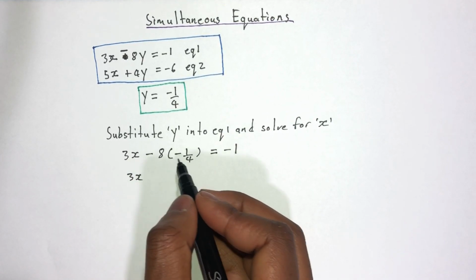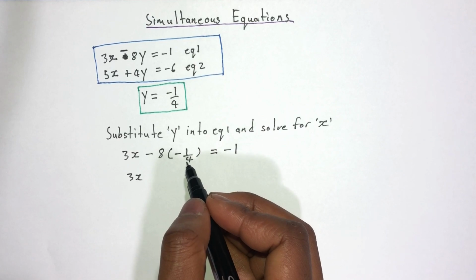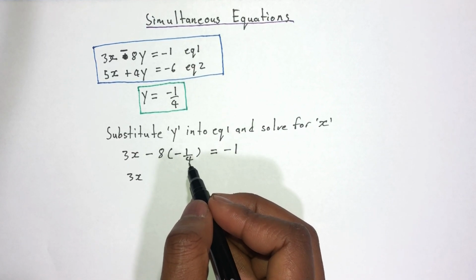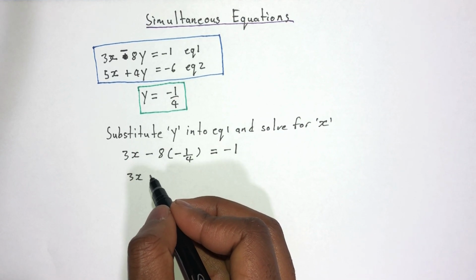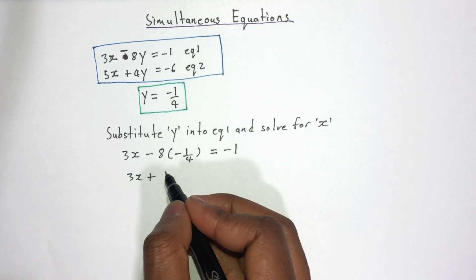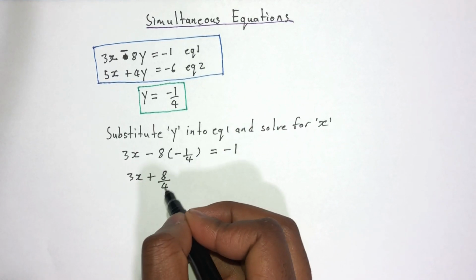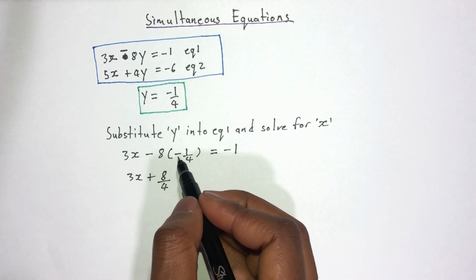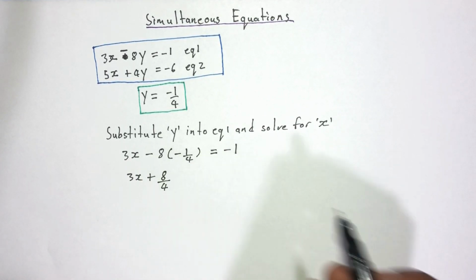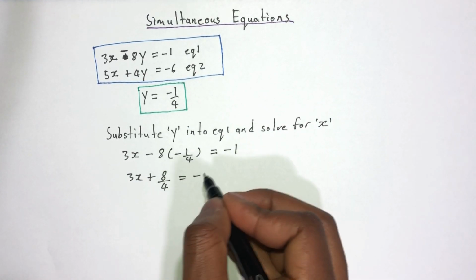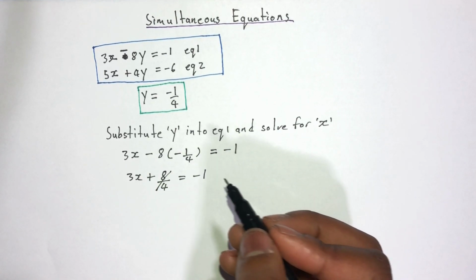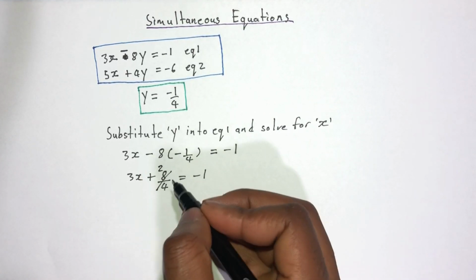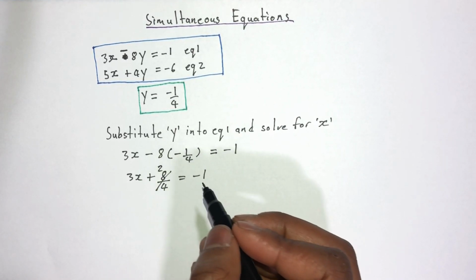Negative 8 times negative a quarter gives us positive 8 over 4, because negative times a negative gives a positive. And this can be reduced to 2, because 8 divided by 4 is 2.